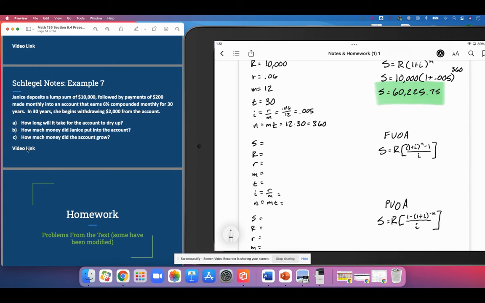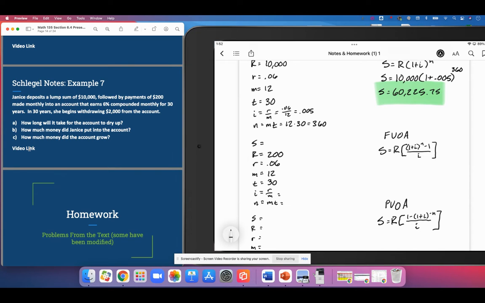Then as we read along in the problem again, everyone, it is followed by payments of $200 made monthly. So now we have an annuity, which is a future value of annuity because the value is going up. And all the other numbers are basically going to be the same. So our $200 is going to draw 6%. It's done monthly for 30 years.